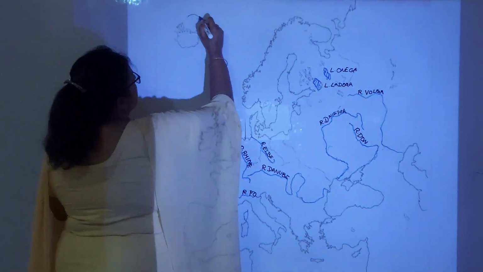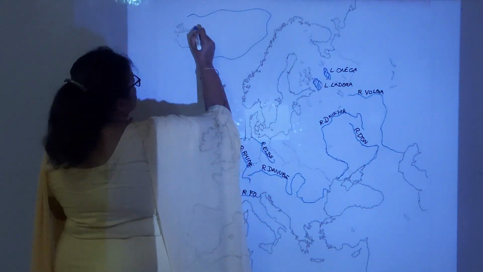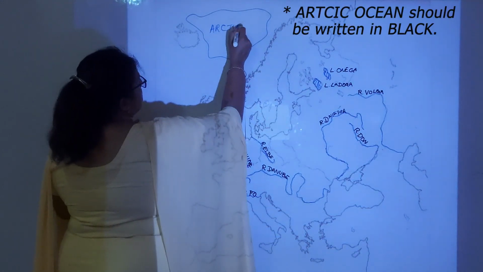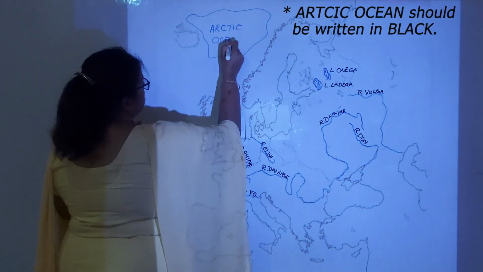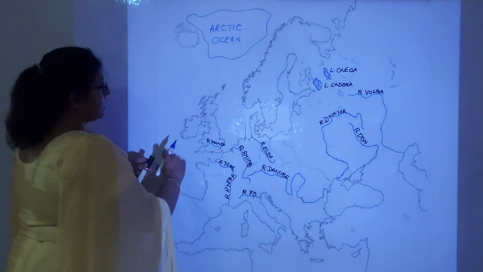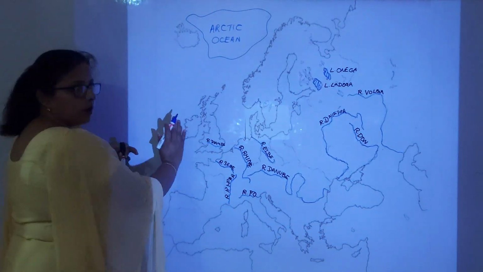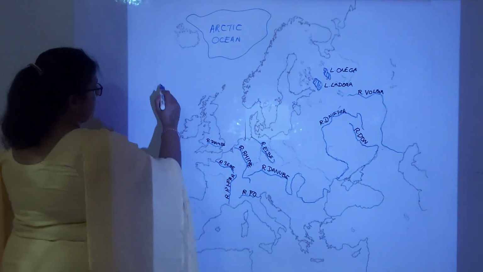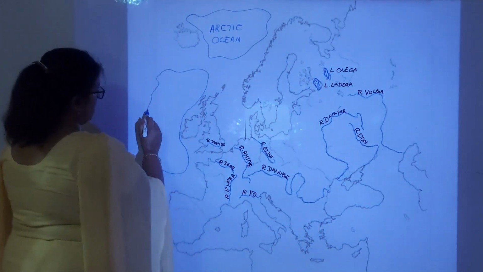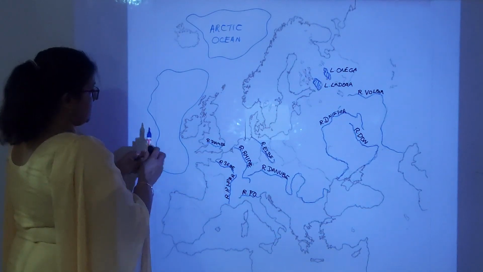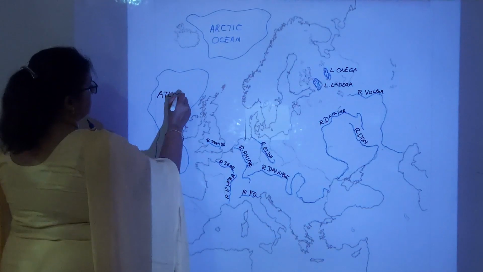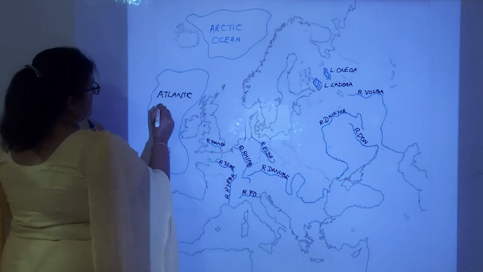So you will mark it with blue and write over here the Arctic Ocean. And to the west of the continent of Europe, we have the Atlantic Ocean. So you can mark it like this and write Atlantic Ocean.